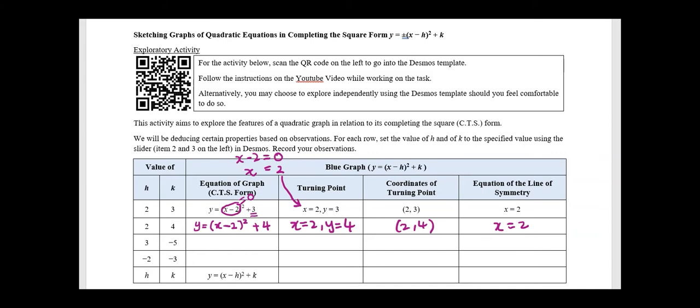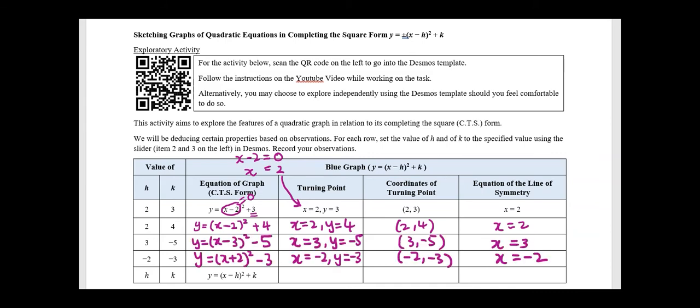Alright, so over to you now. And so I hope you have tried this exploration on your own, and hopefully you have even tried more values of h and k to convince yourself. So these are the entries you should be seeing on your handouts if you have done the exploration correctly.